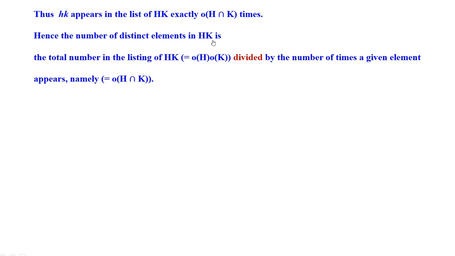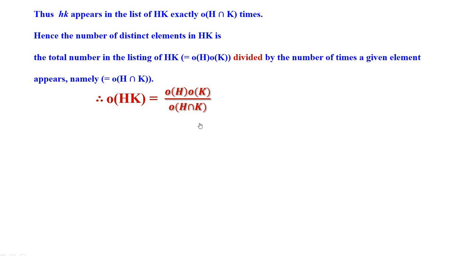Hence, the number of distinct elements in HK is nothing but the total number in the listing of HK, which is order of H into order of K, divided by the number of times a given element appears, namely order of H intersection K. So order of HK is nothing but order of H into order of K divided by order of H intersection K.